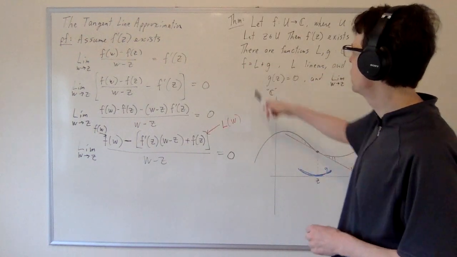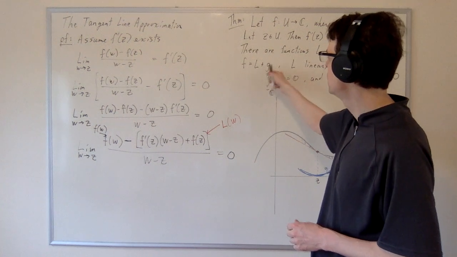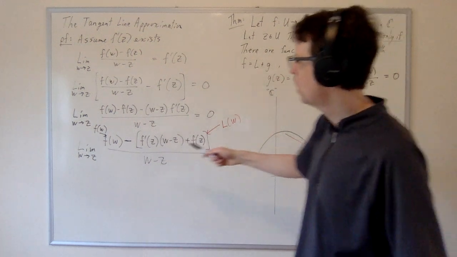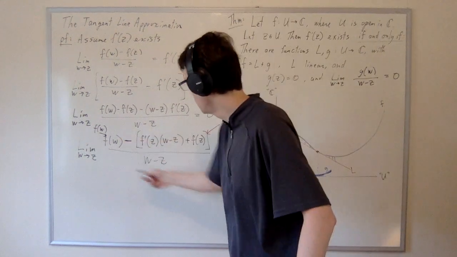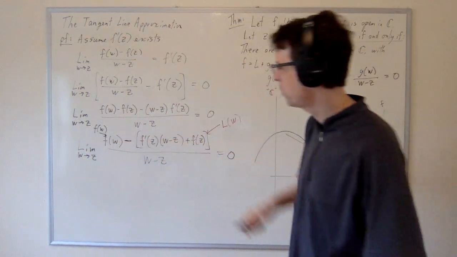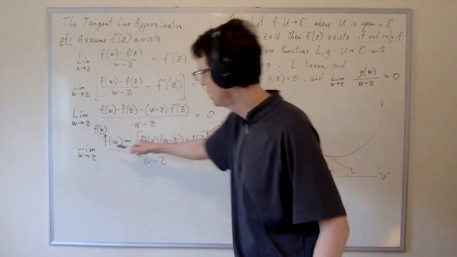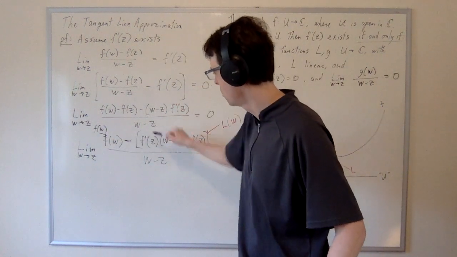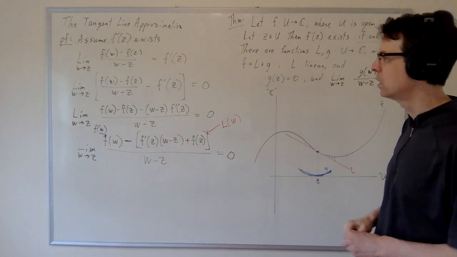Now, what are we trying to prove? We're trying to prove that f is L plus G. So in other words, we're trying to show that f minus L equals G. So we've shown that f minus L is equal to something, but what? Well, f minus L is equal to the numerator of this fraction, apparently. And we've also shown that the limit of this numerator divided by w minus z is equal to 0, which is exactly what we want here.